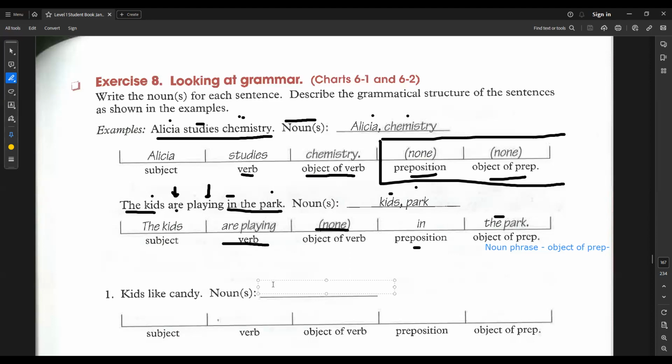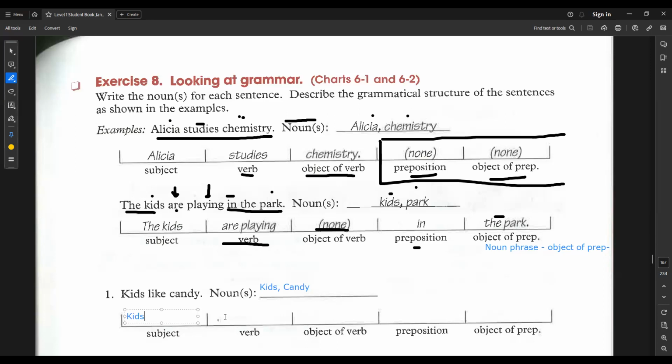Too much information. Okay, what are the nouns? Nelson, Claudia, nouns. Kids and candy. What's the subject? Kids. Okay.